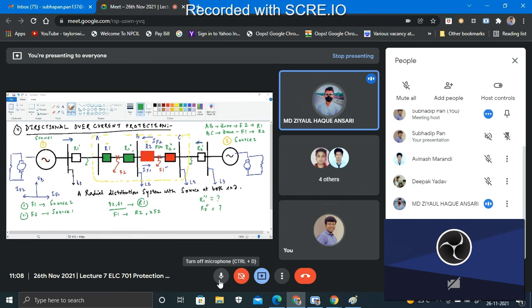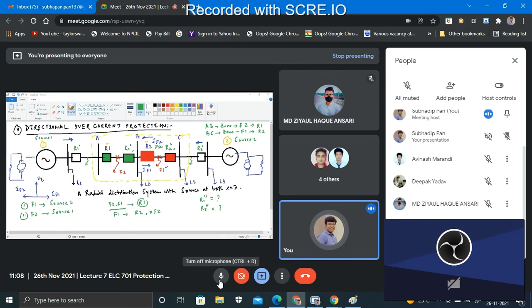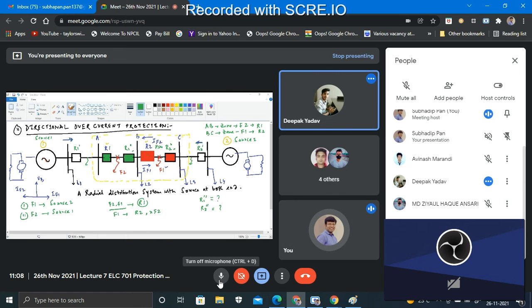Any question, guys? In case R1 and R2 are not working, there will be some fault, for example RC is open, meaning BC is open. Cross verify it. Yes, sir, very simple and easy.